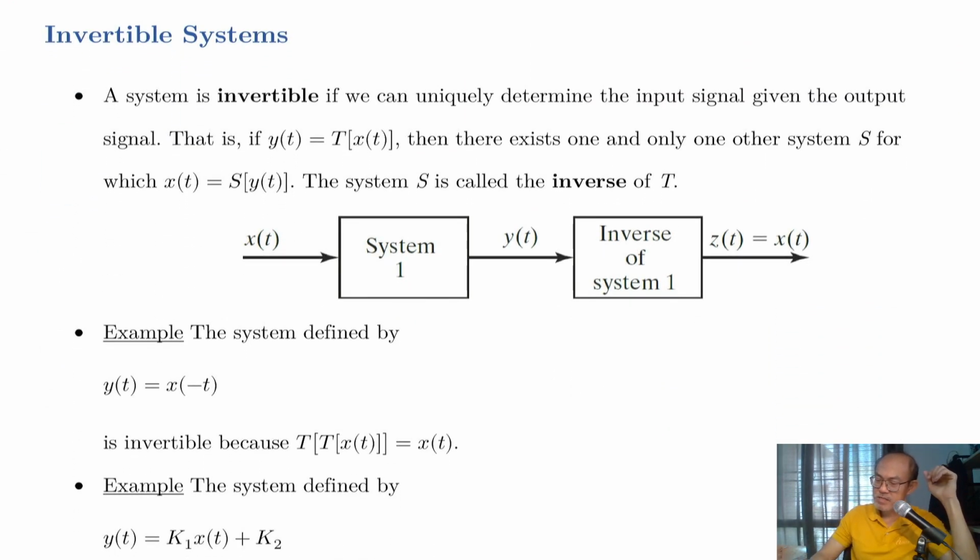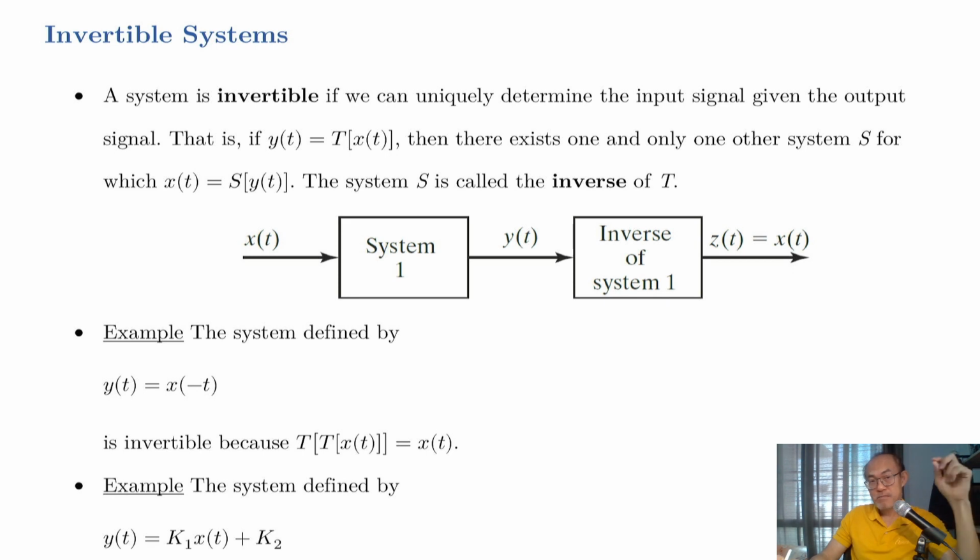Next, the concept of invertibility. A system is called invertible if you can uniquely determine the input signal given the output signal. If somebody gives you an output signal y and the system is invertible, then based on the information from y you'd be able to determine exactly, without ambiguity, the input signal x.